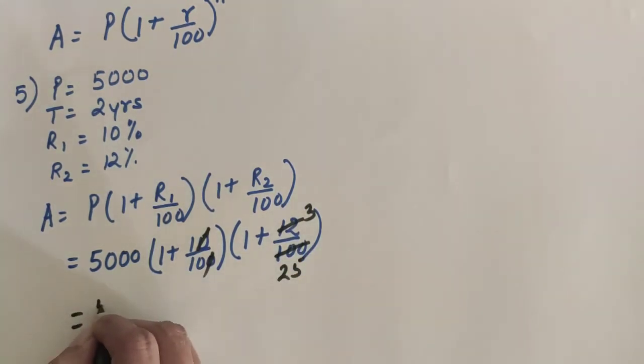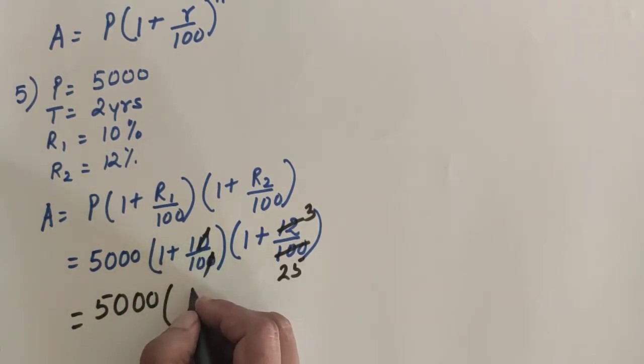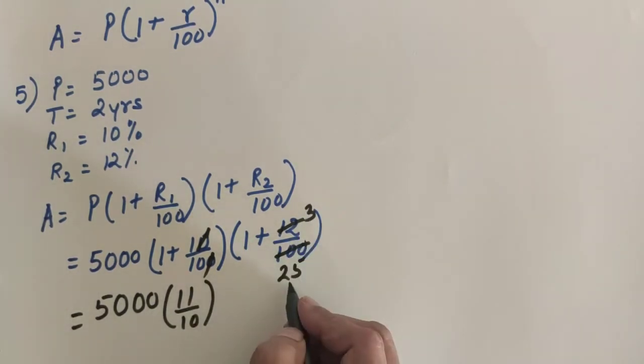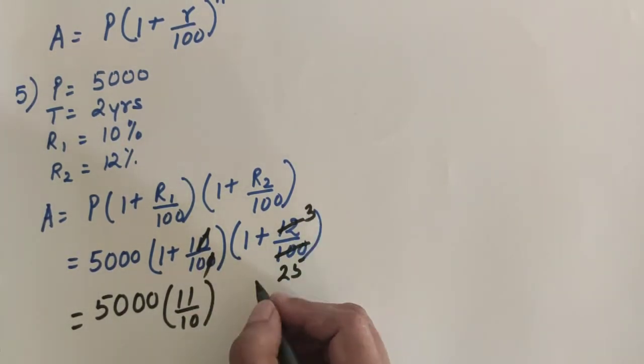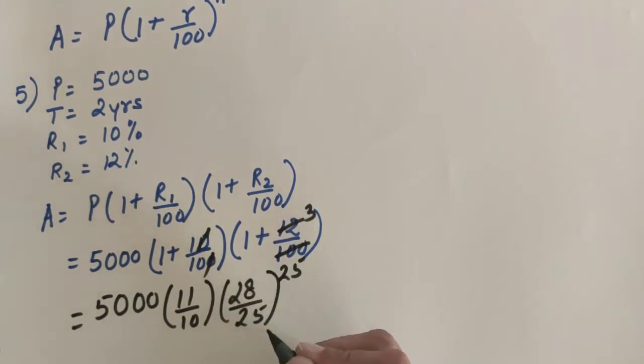So which will give you here 5,000, 1 plus 1 by 10 becomes 11 by 10. So it is 11 by 10. And 1 plus 3 by 25 becomes 28 upon 25. Now we can solve this. Open the bracket. The 0 and 0 get cancelled.